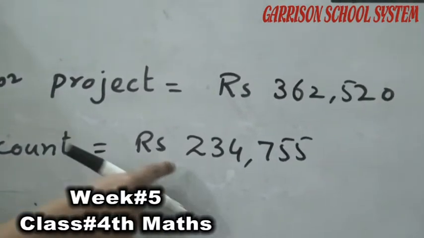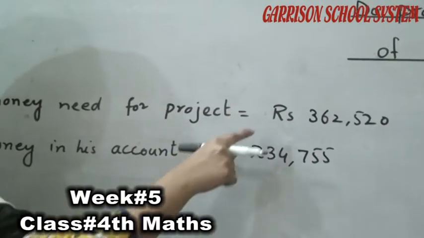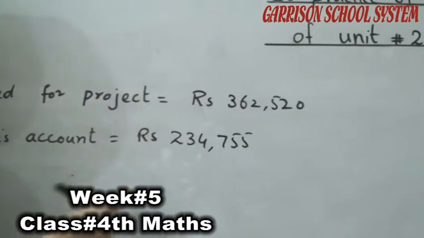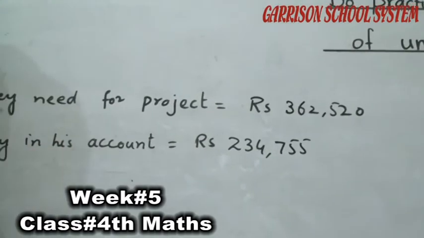But how much more money does he need? This money he has, but the project's needed money is this. So how much more money does he need? So simply we have to subtract.